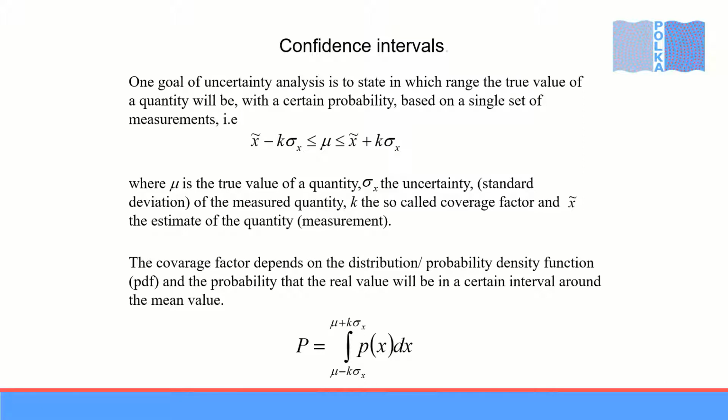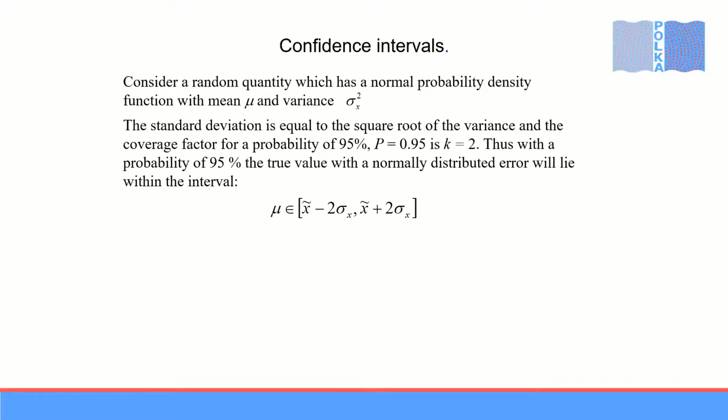So we have X, which is the measured data, mu is the true value, and then we have the standard deviation, sigma, and then we have this coverage factor K, which then tells us within how many standard deviations we are from the measured value. And it turns out that if we pick a coverage factor of 2, we get the 95% confidence interval.